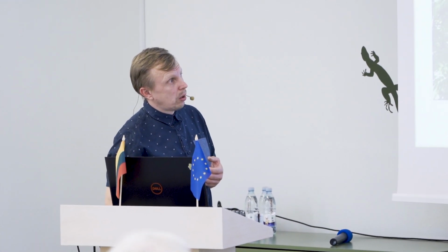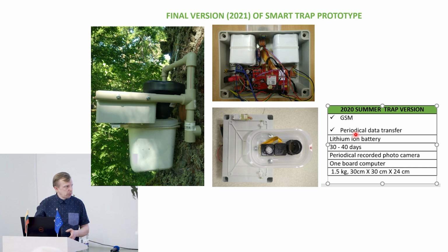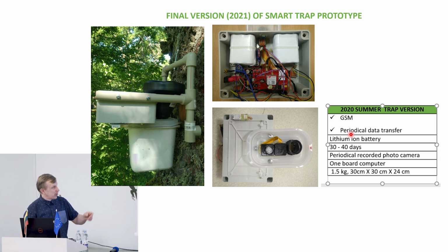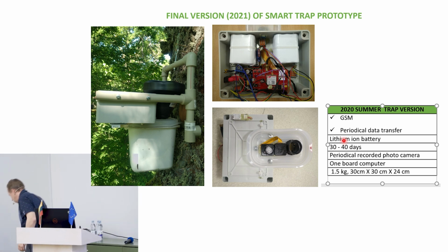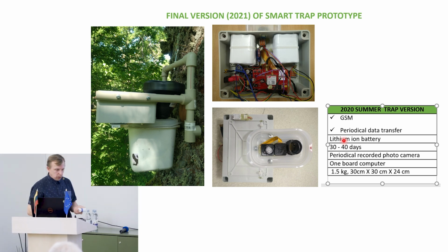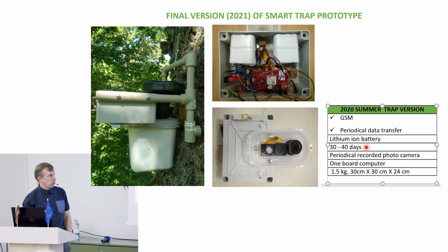But we use periodical data transfer. I think it can be from some minutes to... But we use lithium batteries. If we compare this one with this one, we can see the difference: 30-40 days.